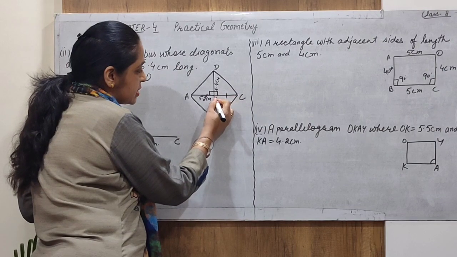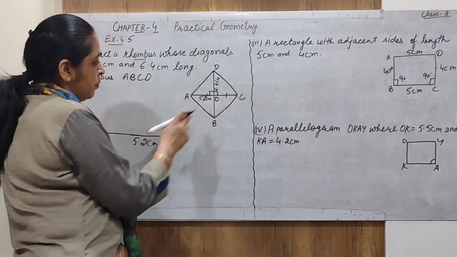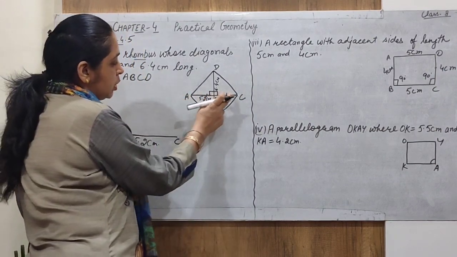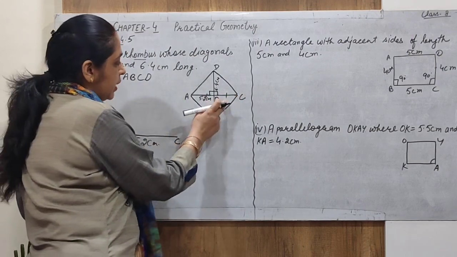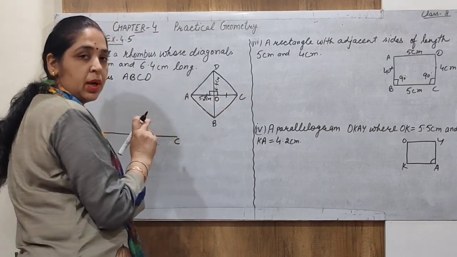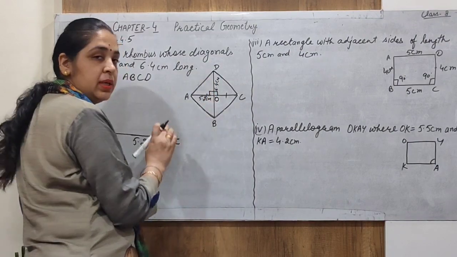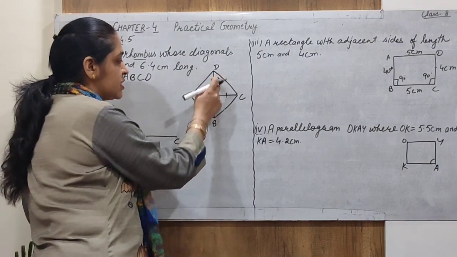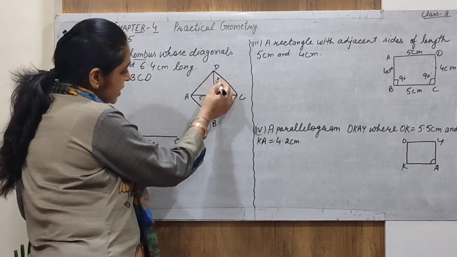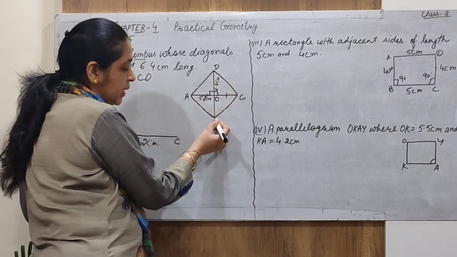Let us suppose this center point is O. Then OA is equal to OC, and this is half of 5.2. Similarly, OD is equal to OB, which is half of the length 6.4. This length 6.4 is the DB length.